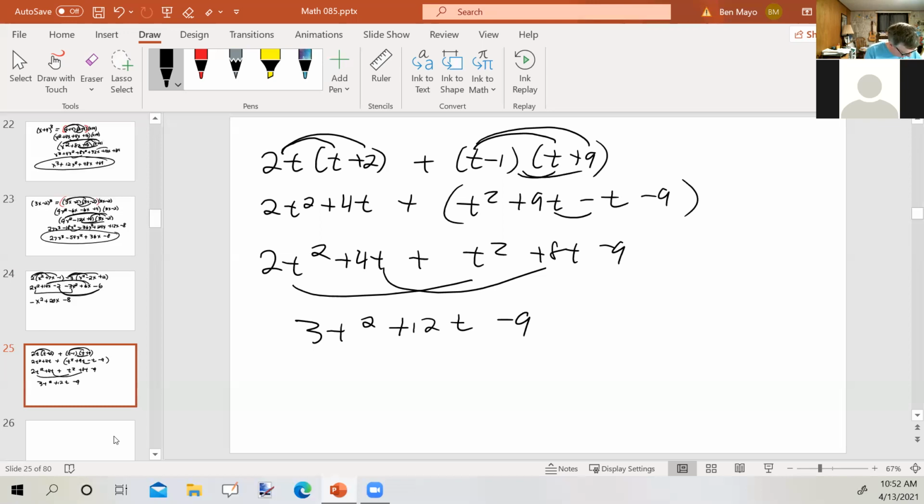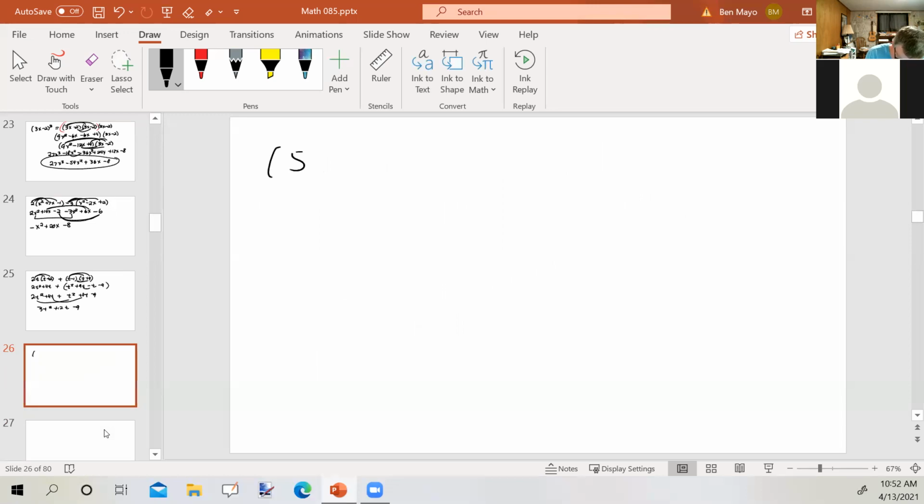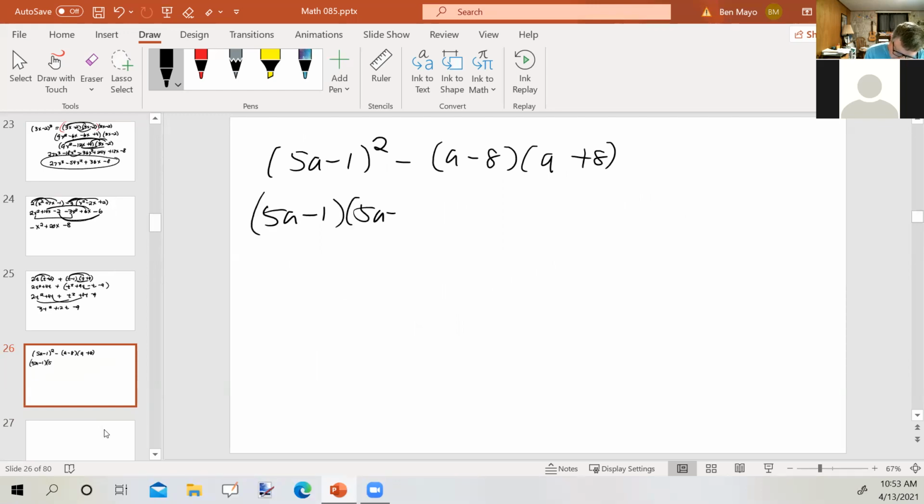Let's take a look at this one. 5a minus 1, the quantity squared, minus a minus 8 times a plus 8. All right, we've got to be really careful here. I'll explain as we get there. So first of all, I've got 5a minus 1 times 5a minus 1 minus the quantity a minus 8 times a plus 8.